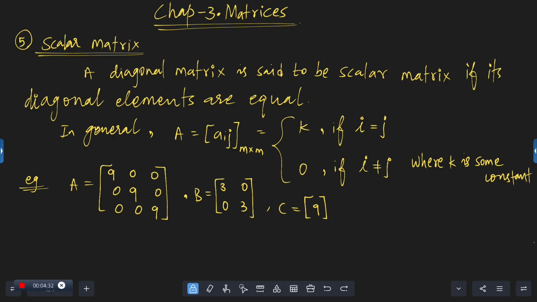The order here is 1 by 1. This order will be 2 by 2. The order will be 3 by 3. In a diagonal matrix, if all the diagonal elements are equal, we call it a scalar matrix. That's it. Next, I'm going to the identity matrix.